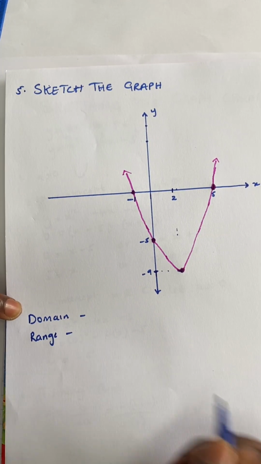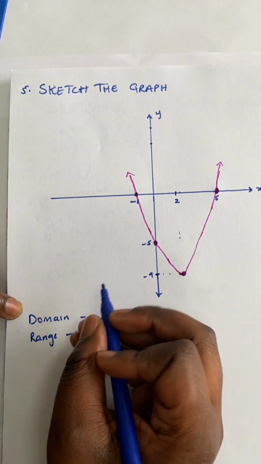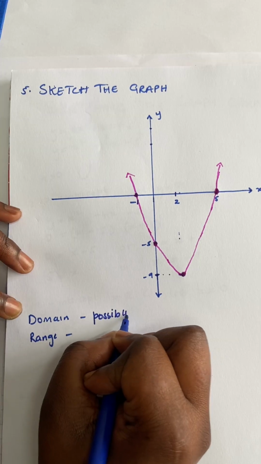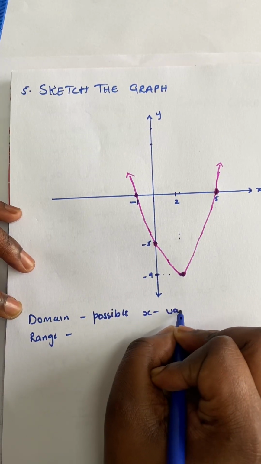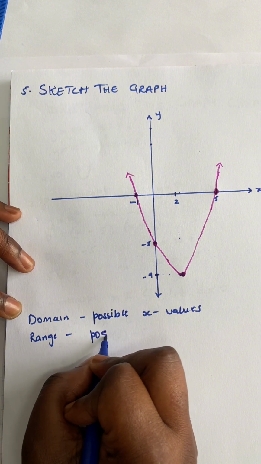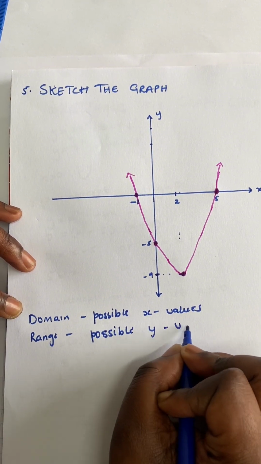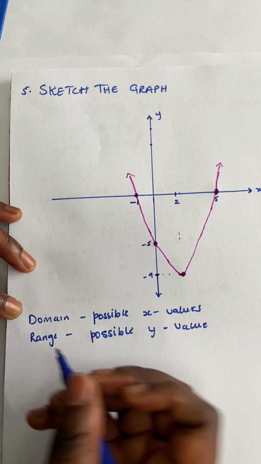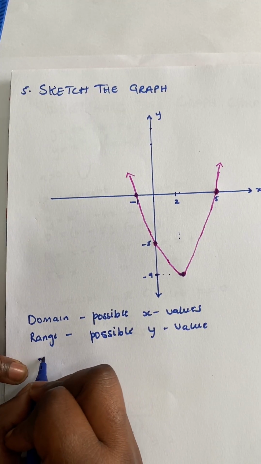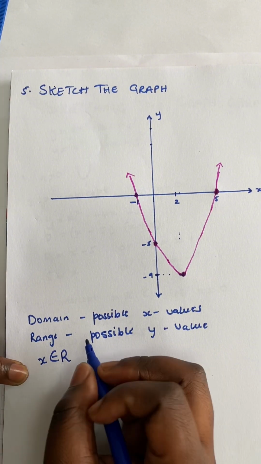Remember, I told you in the previous video that the domain is your possible x values, right? And then here are your possible y values. For the domain in this graph, it will be x is an element of real numbers.